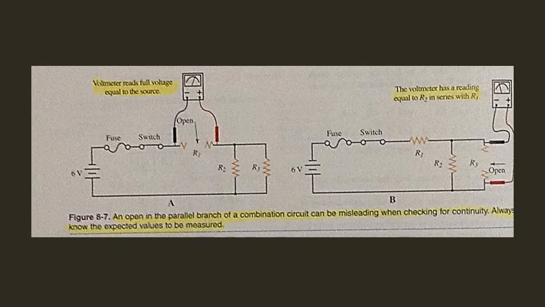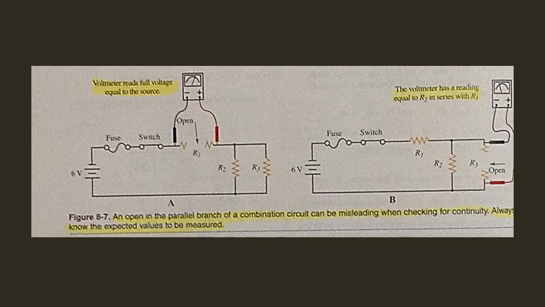Look at figure 8-7. In part A, the voltmeter indicates an open circuit at series resistor R1, a voltage reading equal to the source. However, if R2 or R3 is open, you will not see a full voltage reading across them.